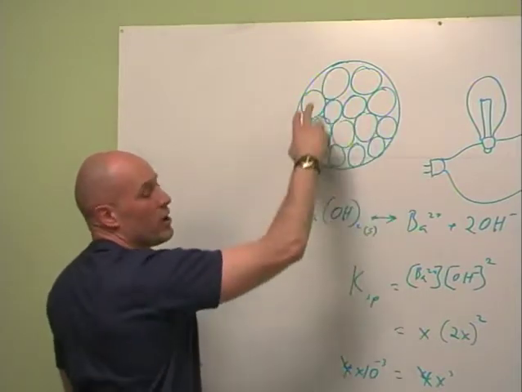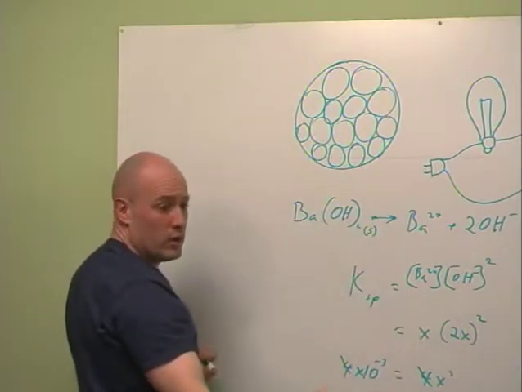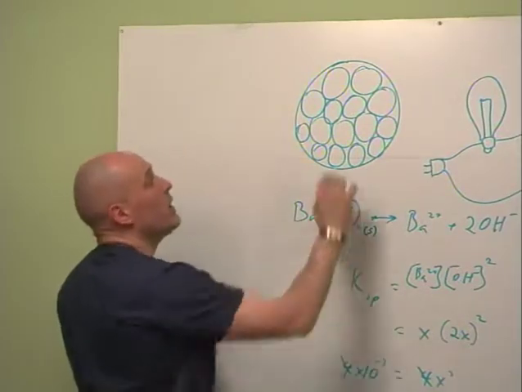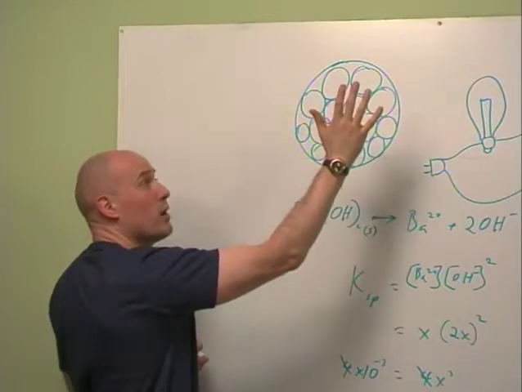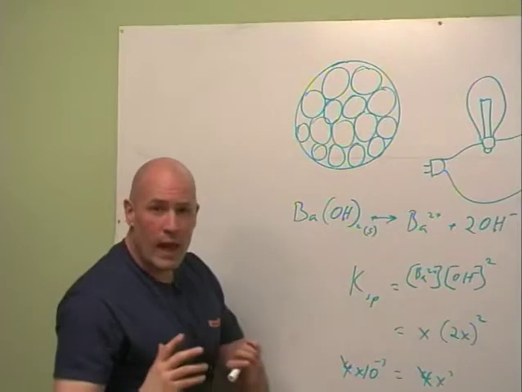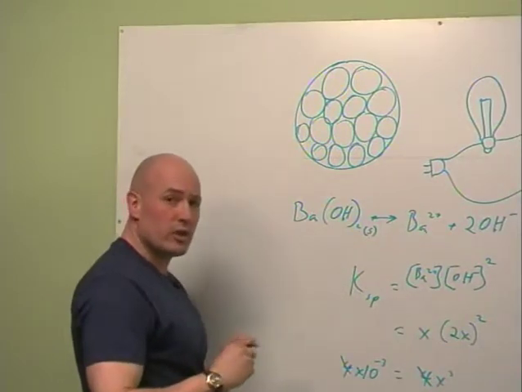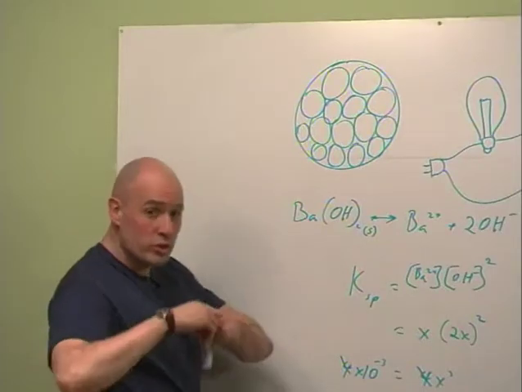So I have a lot of molecules here, and say 1 out of 10 is escaping, right? That depends on the temperature. As the temperature increases, the molecules move faster and more molecules escape. So that's my vapor pressure. Now, if I add a non-volatile solute, non-volatile means? No vapor pressure. There's no escaping molecules.